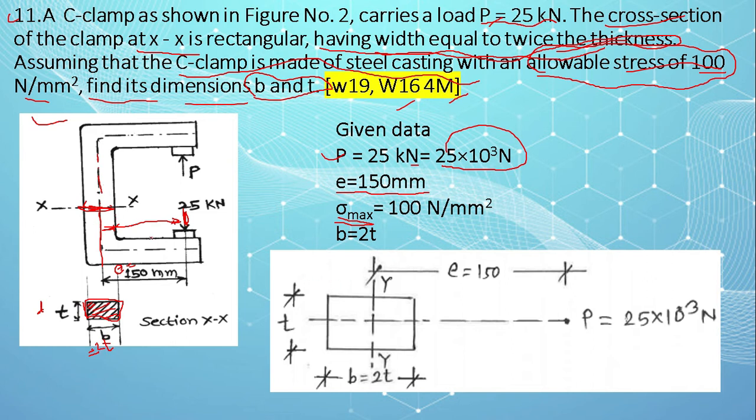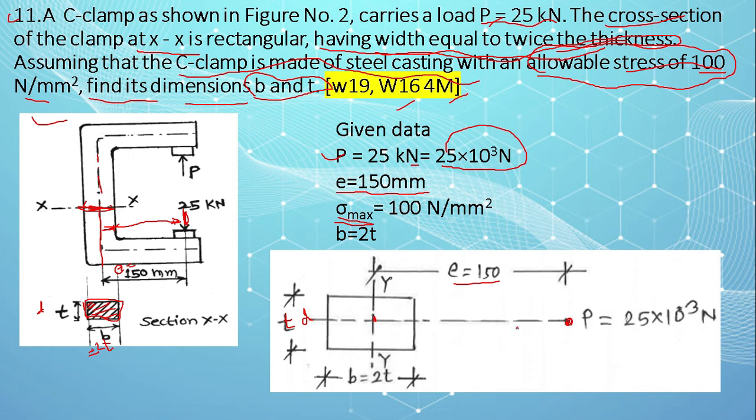So this diagram can be simplified. This is the top view of section XX. This is t or depth d and this is b. B is 2 times the thickness and the load is applied here at an eccentricity of 150.